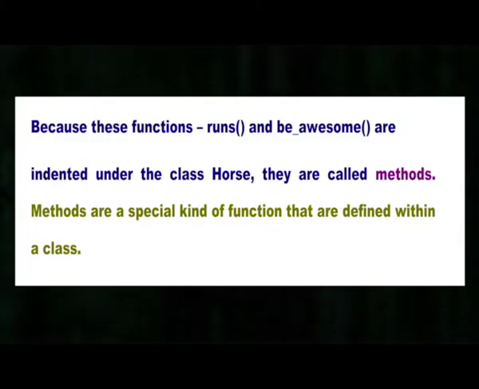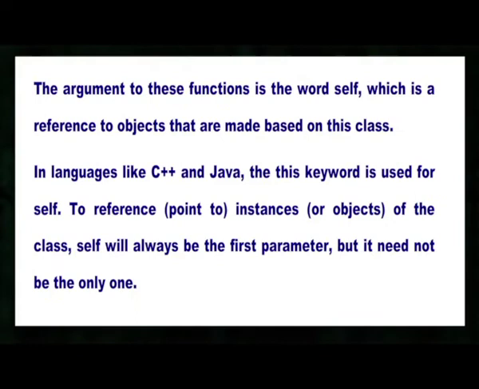Because these functions runs and be awesome are indented under the class horse, they are called methods. Methods are a special kind of function that is defined within a class. The argument to this method is the keyword self, which is a reference to the objects that are made based on this class, that is horse.